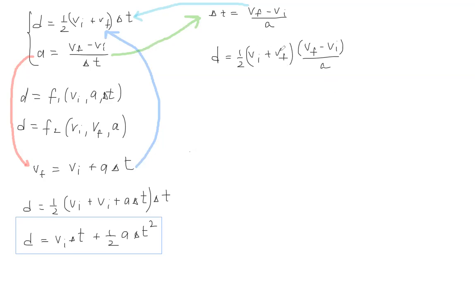Do we see a familiar algebraic identity here? Does it have a name? Difference of the squares, yes. So this will become difference of the squares: v final squared minus v initial squared over 2a.